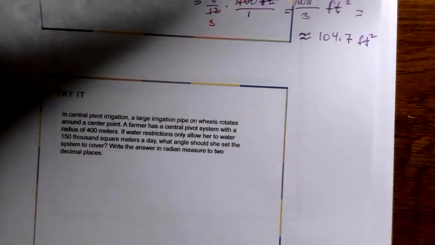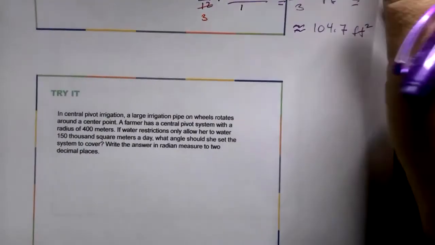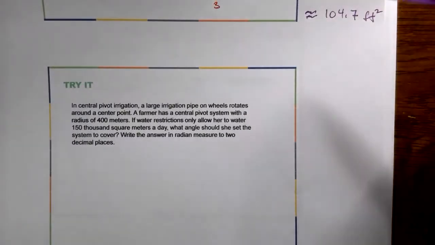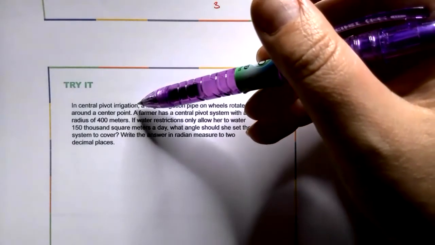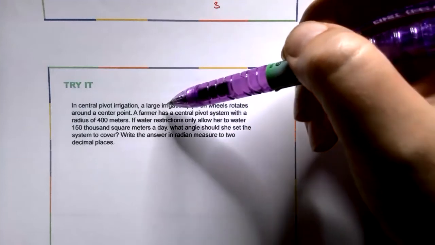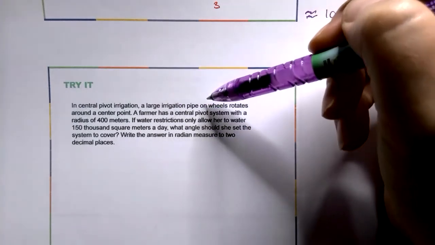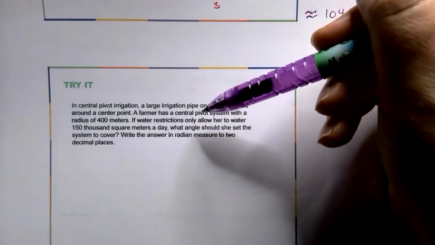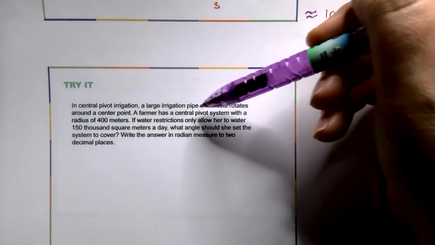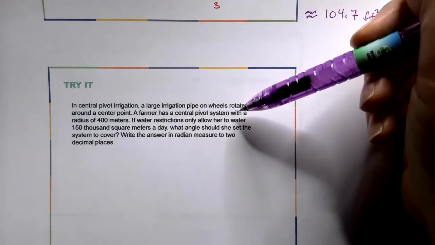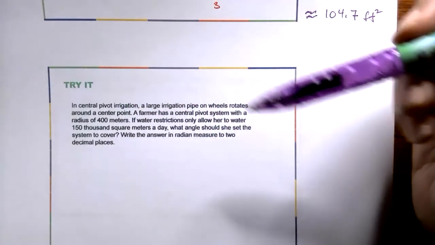Now I want you to try this problem by yourself. It says, in a central pivot irrigation, a large irrigation pipe on wheels rotates around a center point. A farmer has a central pivot system with a radius of 400 meters.